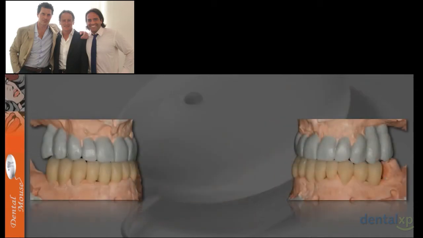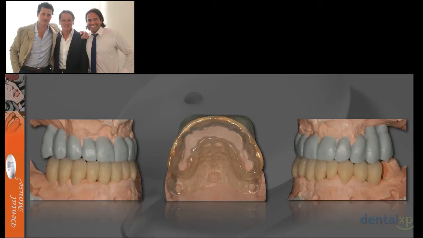Again, Luca can start building the lower temporary, in occlusion with the upper diagnostic wax-up, from which he can build, as I was saying before, the surgical stent and the transfer plate that will help us in the surgery.